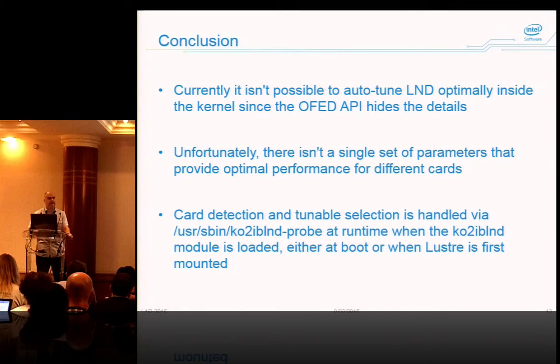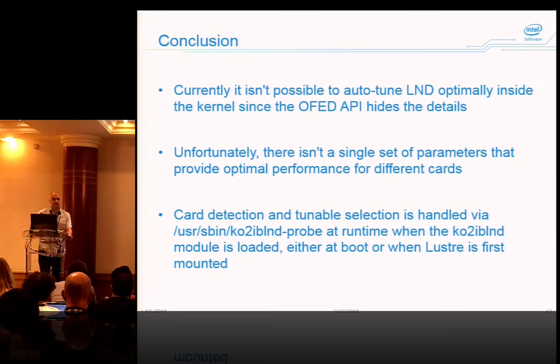So the detection of cards is fully the responsibility of the user, and now the user can manually detect the card and select the appropriate settings which are optimal for this particular hardware.